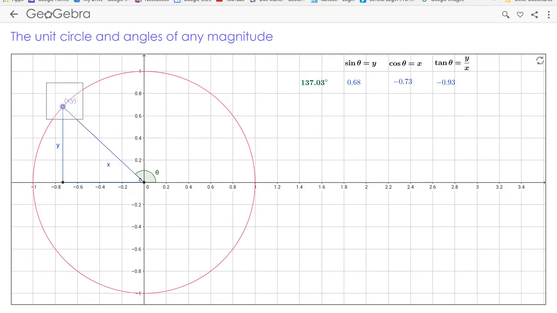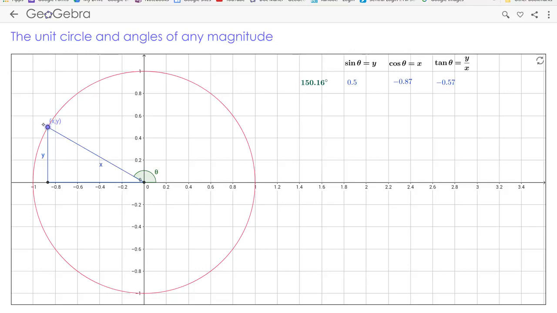Now, if I can fluke it to get to a nice number, I'll try for 150. Pretty close. So at that position there, sine of theta at 150 is a half.